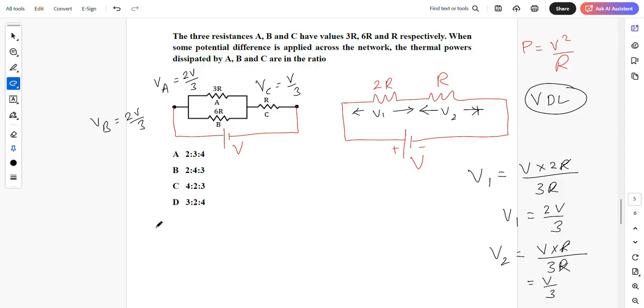Now, how to calculate the power dissipated by A? The power by resistor A is equal to VA square by RA. How much is VA square?